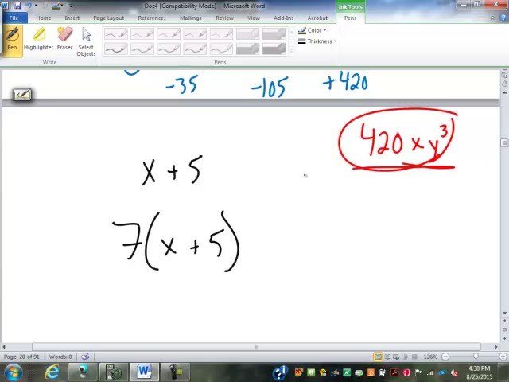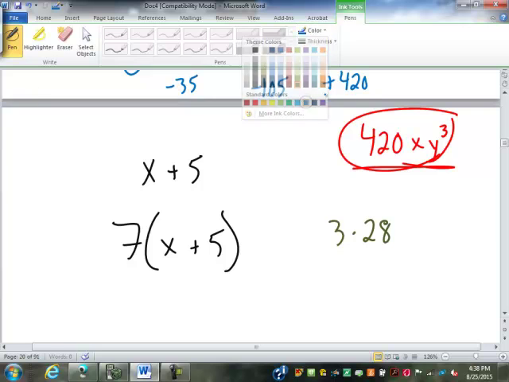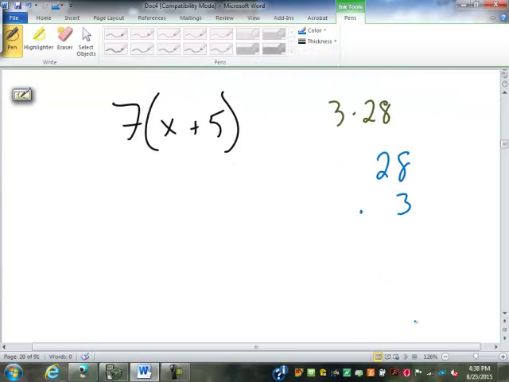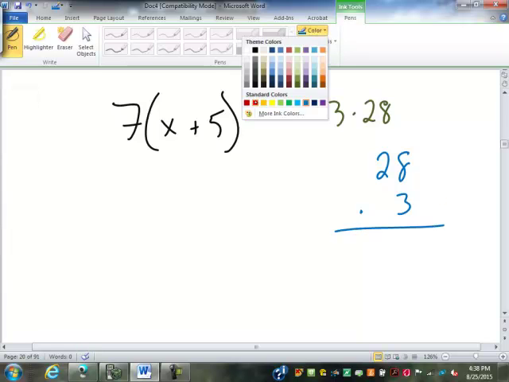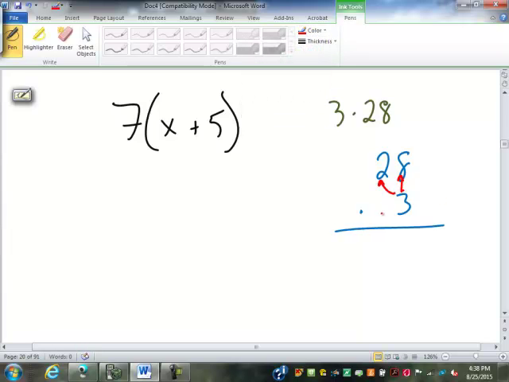Well, if we were dealing with whole numbers, let's say we had 3 times 28. We would set it up like this, 28 times 3, and we would do the 3 times 8 and the 3 times 2, correct? We're going to do the exact same thing here.